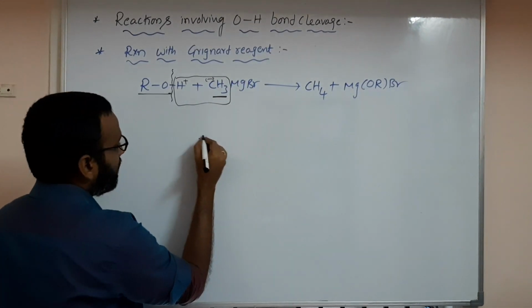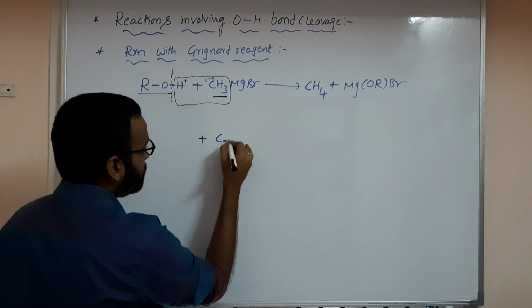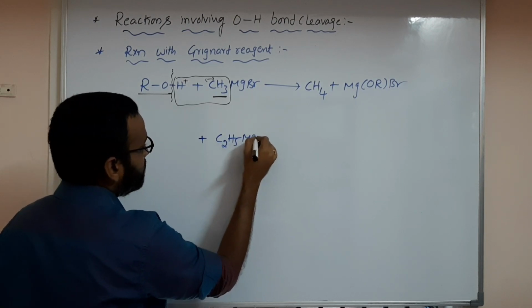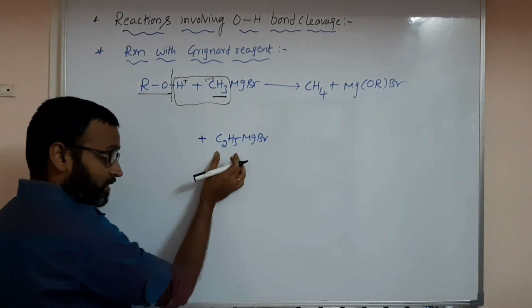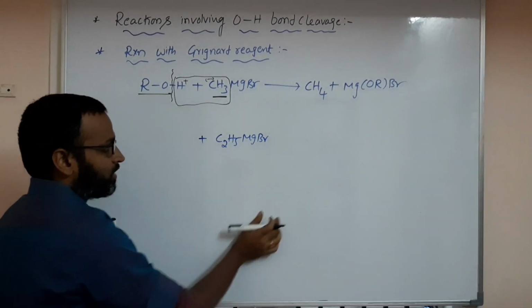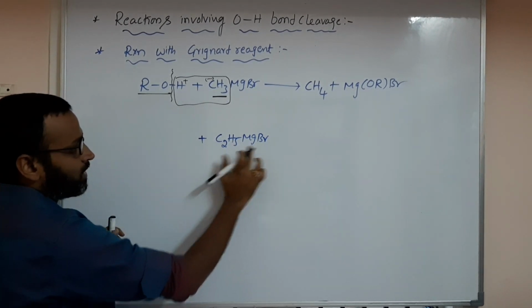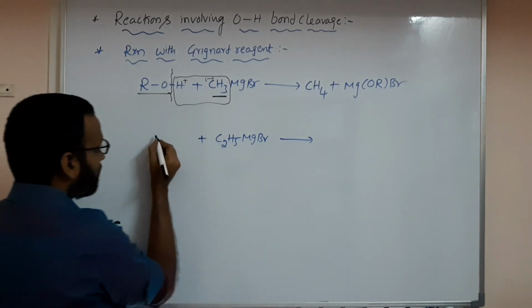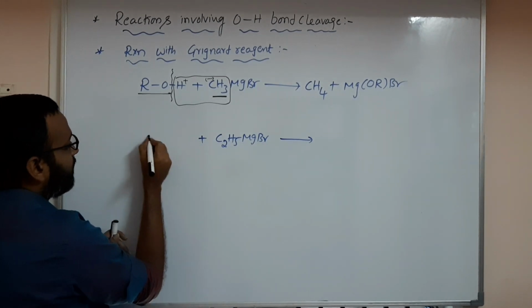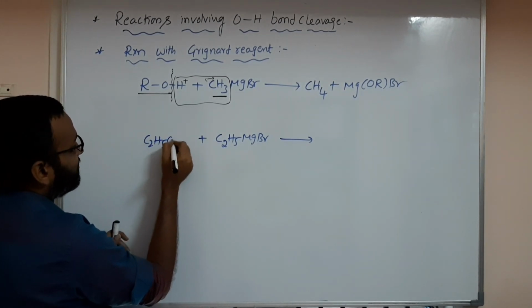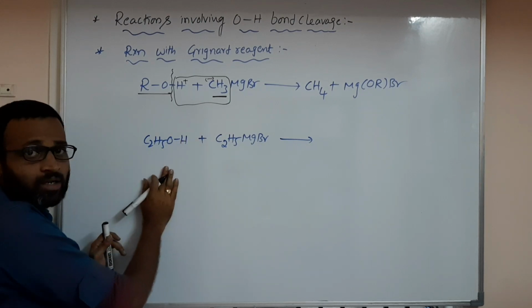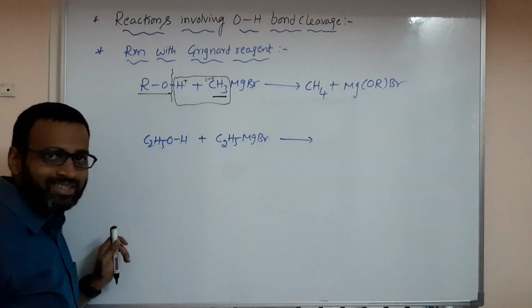Suppose you have C2H5MgBr, otherwise C6H5, then you will have benzene. So how many carbons are there? With those many carbons you get the alkane. Even if you take water or alcohol, I am taking some ethyl alcohol; ethyl alcohol, propanol, butanol, that is unnecessary for you.